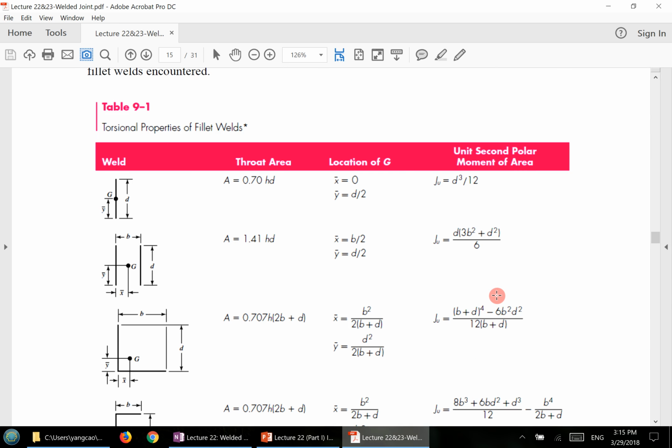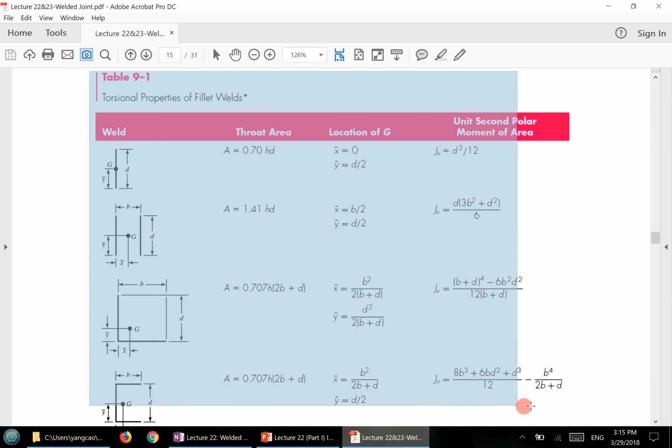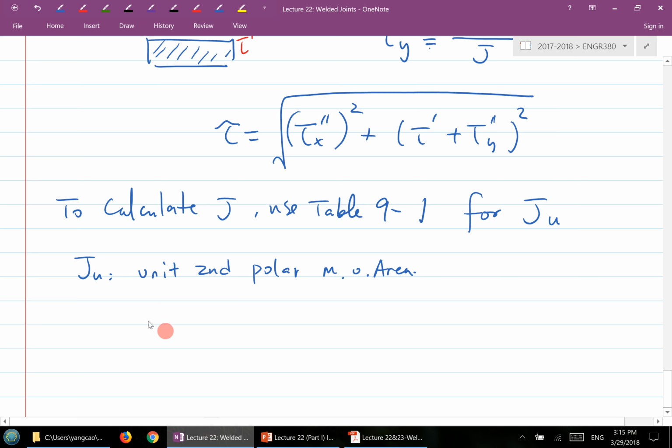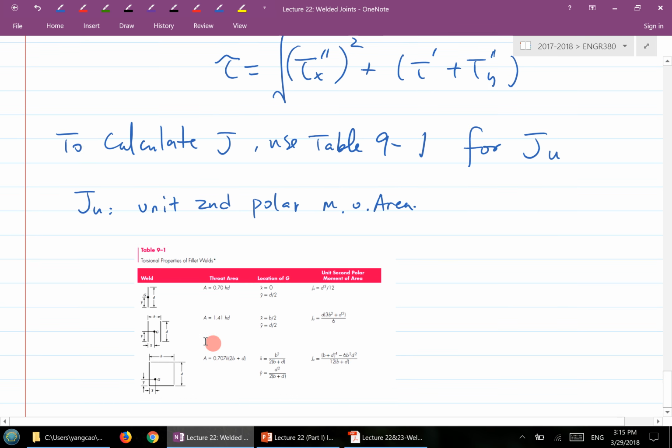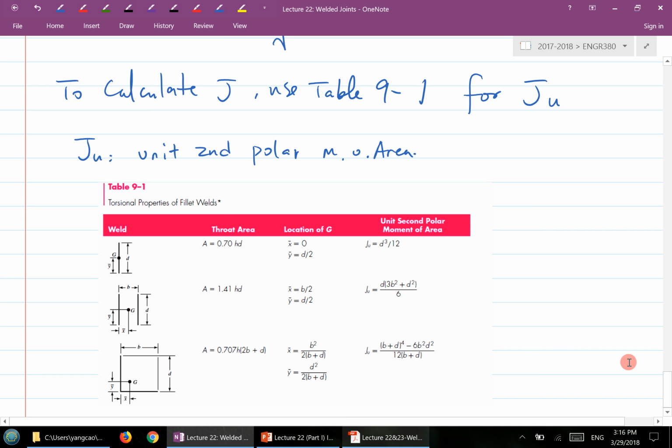Okay, so this is table 9-1. Let's take a couple of them here, not the whole table. Let's just take this portion. As you can see, if you have just one weld like this, and it doesn't have any thickness, it's just a unit, a single line, so that's why it's not a J, it's JU.